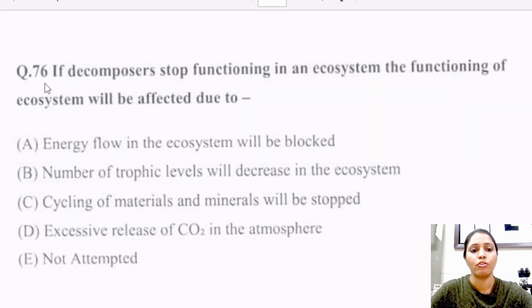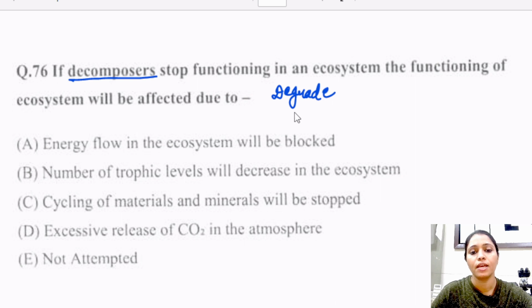Another question from ecology. If decomposers stop functioning in an ecosystem, the functioning of the ecosystem will be affected due to... So as we all know, decomposers play a very vital role in the ecosystem. They decompose and degrade dead organisms and organic matter.